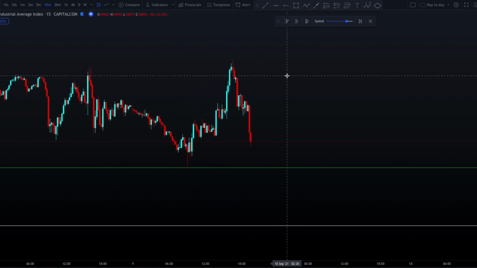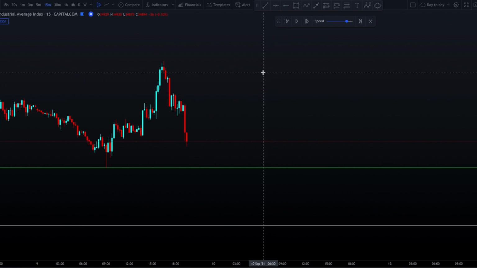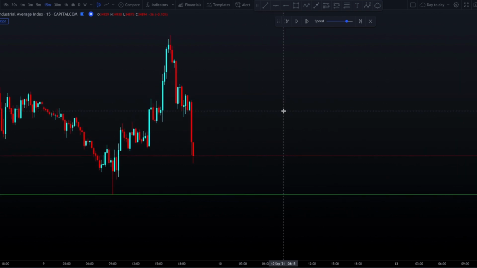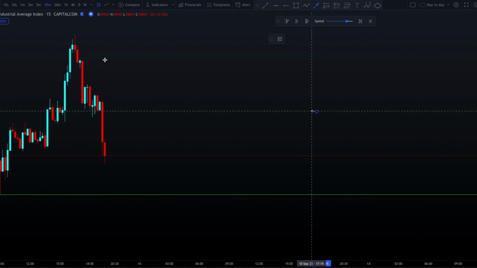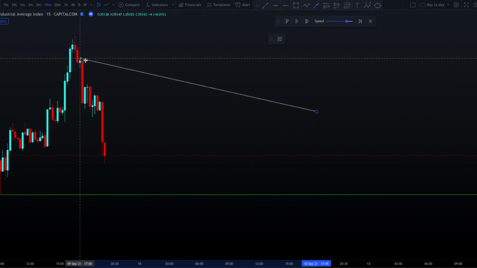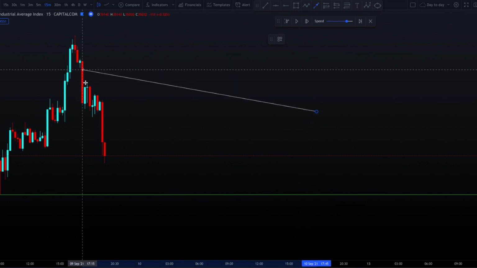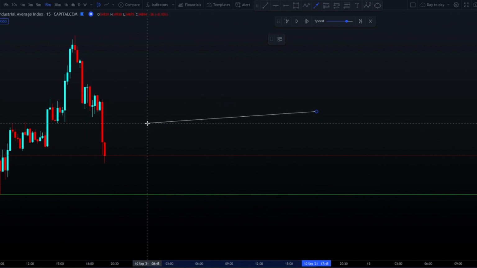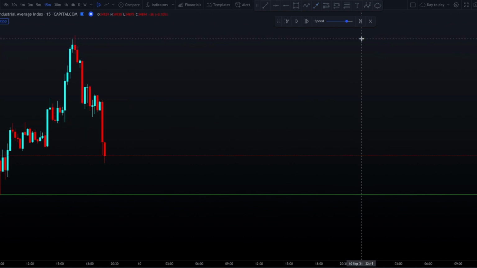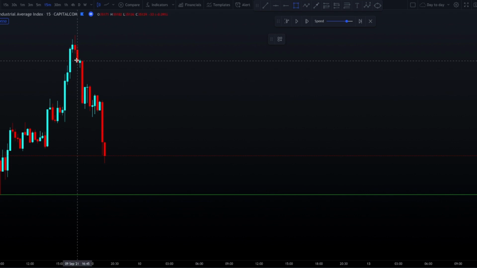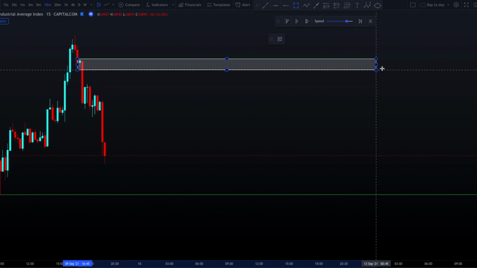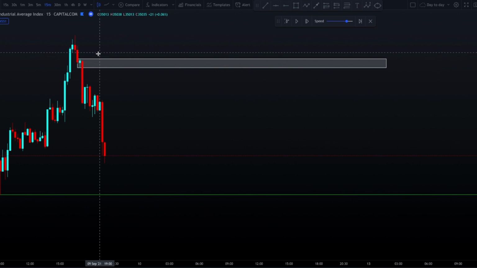Okay, now judging by the 15-minute chart, we have some imbalance up here and we have some imbalance over here. Okay, so what we can now do is go and draw in an order block like this, and you can potentially even draw an order block in over there like this.